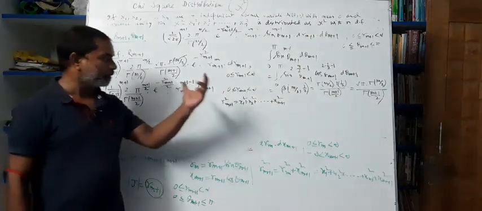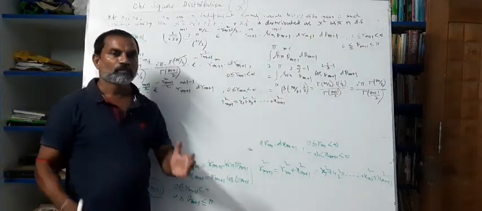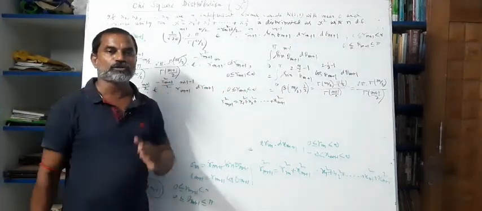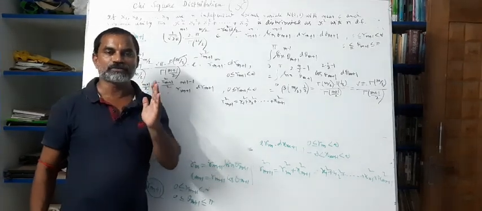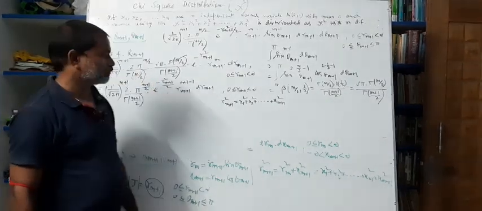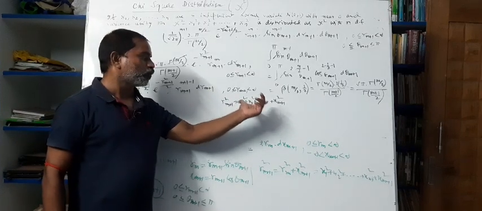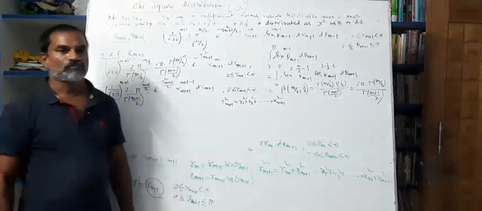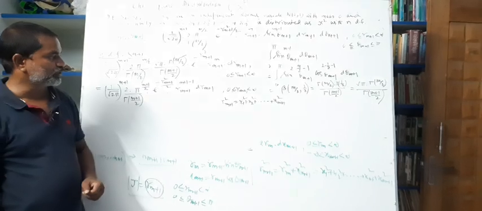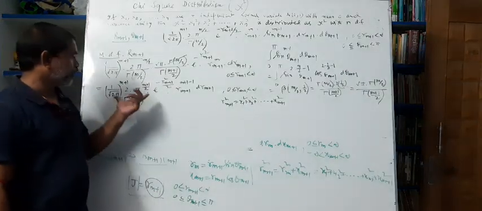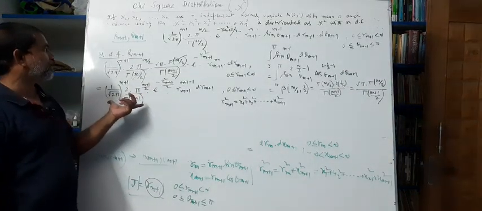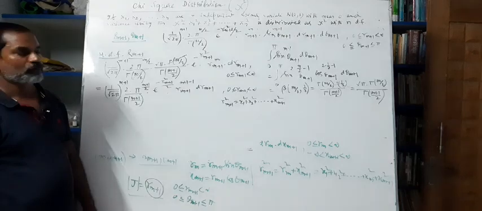So for m plus 1 normal distribution with mean 0 and variance 1, the sum of the squares of m plus 1 normal distribution with mean 0 and variance unity, we write here the marginal distribution function.